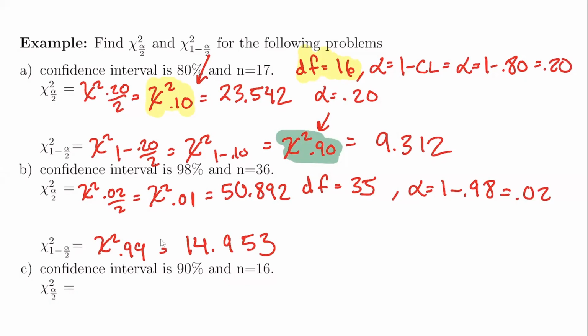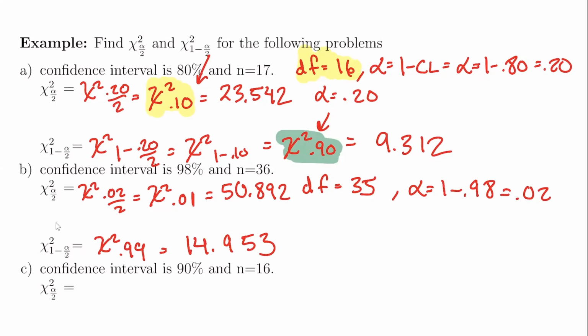So when it's asking for the confidence interval, we don't need to do the two numbers within the parentheses. We're just doing the chi-squared calculation, and that's it. For this one, we can't do the confidence interval because we don't know the S. Oh, I see. Okay. For this one, I just want to show you how to get these two values.